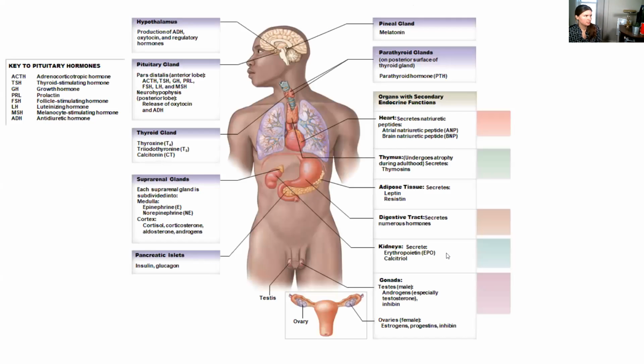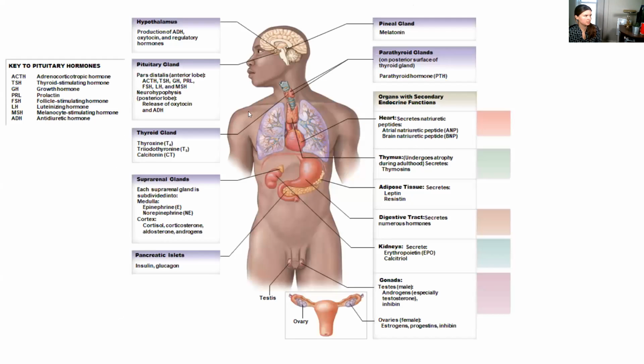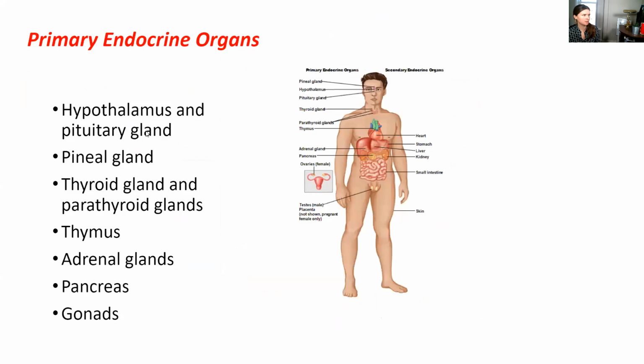I pulled out this picture, and there's another picture from your book discussing primary and secondary endocrine organs. I just thought this one wrote it out a little bigger, therefore a little better. So we can see all the places that we're going to have endocrine function. The glands here in purple are our primary endocrine organs.